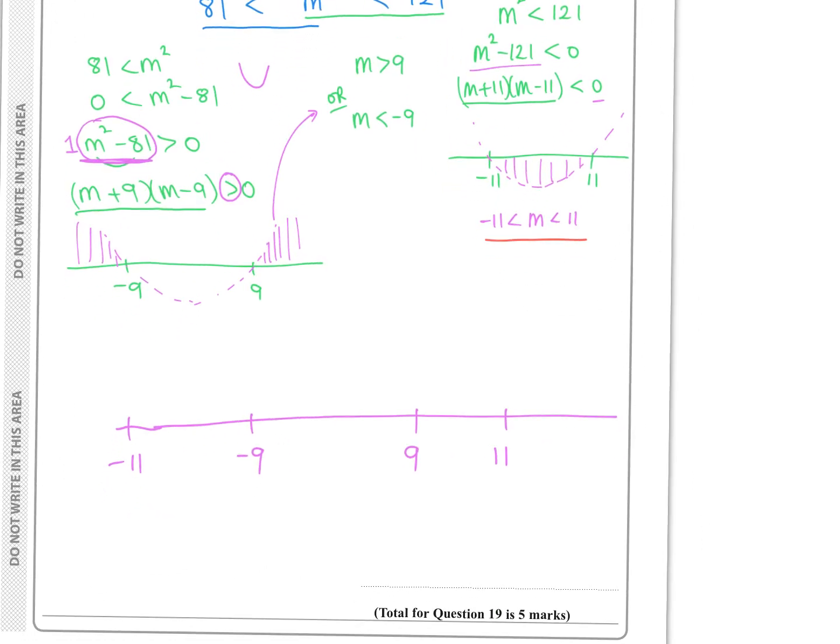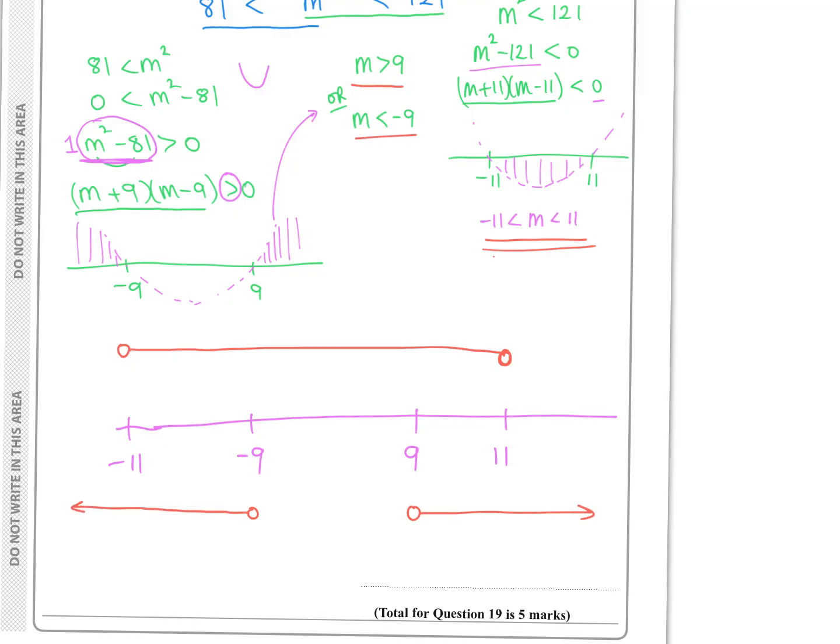So what I want to do first is look at this one, and that's between 11 and minus 11. So I can draw that. And this one, I want m to be greater than 9, or m to be less than minus 9.